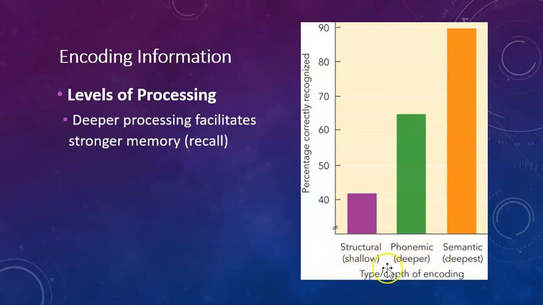Phonemic is a little bit deeper, but semantic is the deepest type of encoding. So when we try to recall words, if you're able to put some kind of semantic processing on it, you're a lot more likely to remember that word or that thing. And because structural processing is so shallow, while you'll still be able to recall about 40% of the words, you won't be able to remember nearly as much as if you did phonemic or semantic processing.